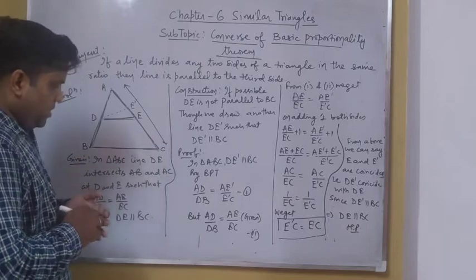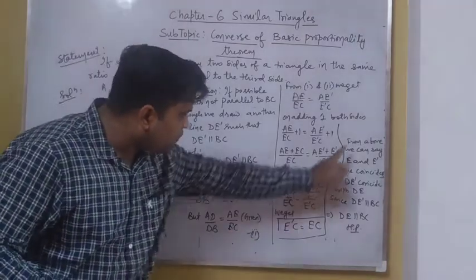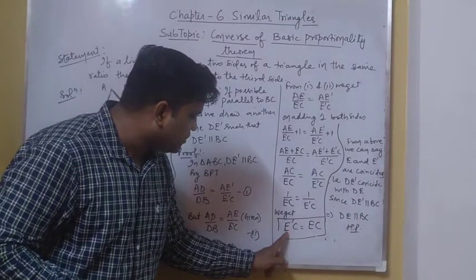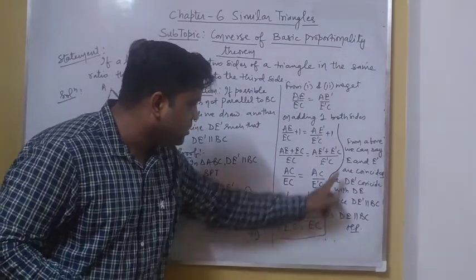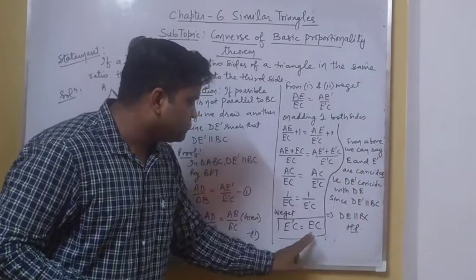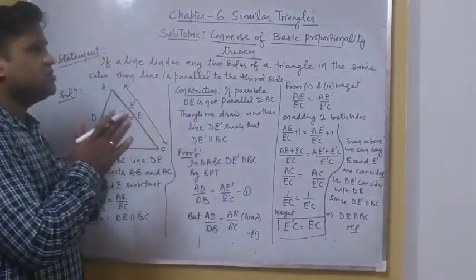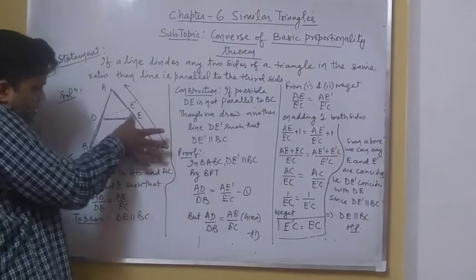So we can say that as E dash C is equal to EC, this condition is possible only when E dash and E coincide, meaning both are the same point.